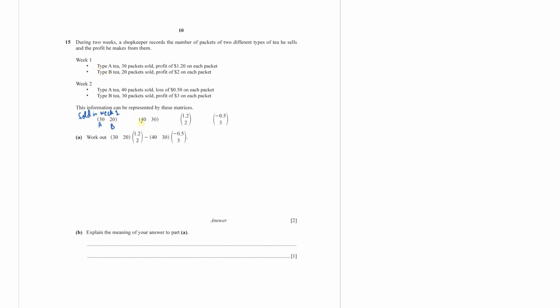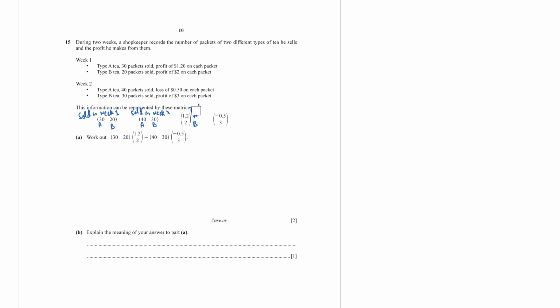Similarly, this 40 and 30 represent type A and type B sold in week 2. And then this is the profit on each packet: $1.20 profit on type A, $2 on type B.